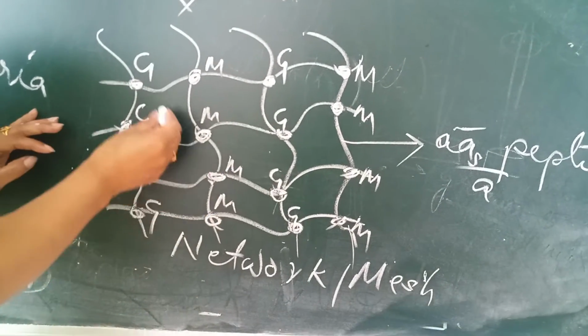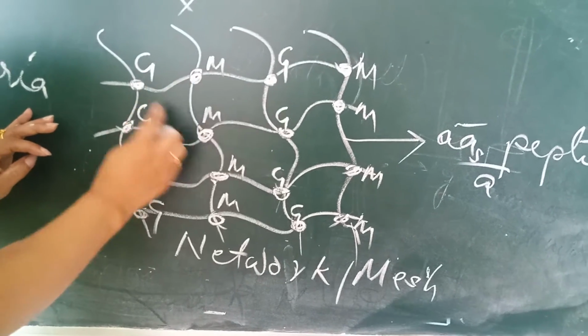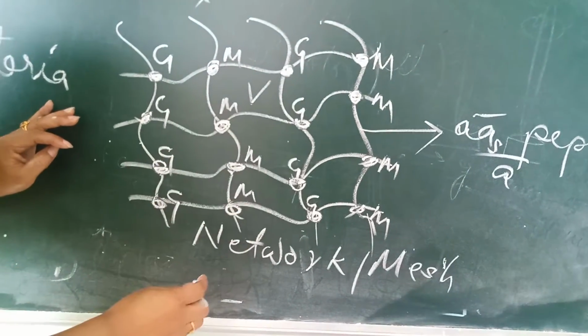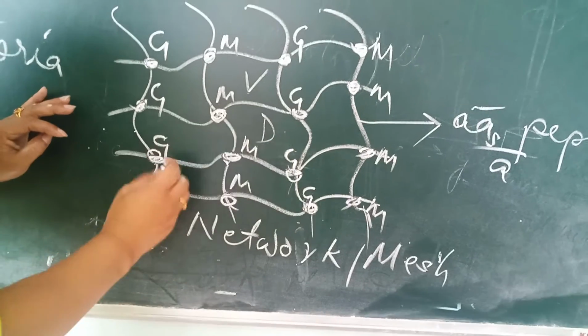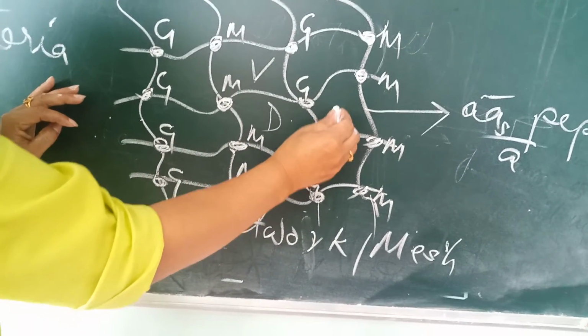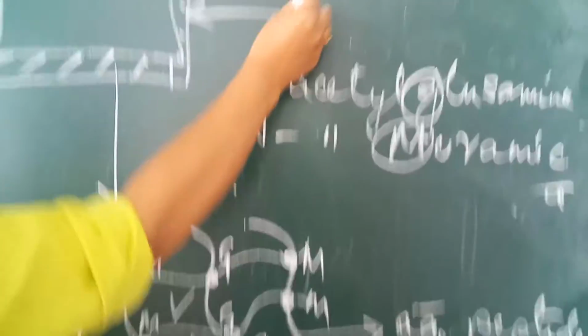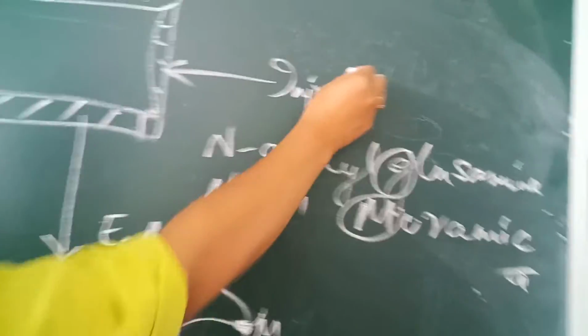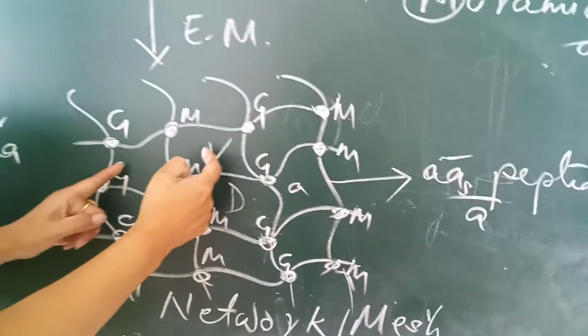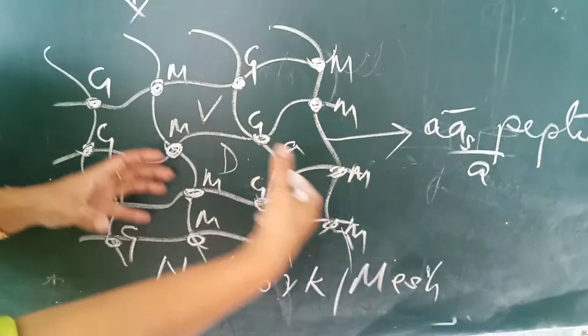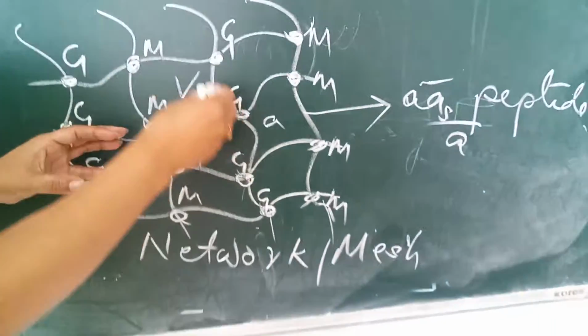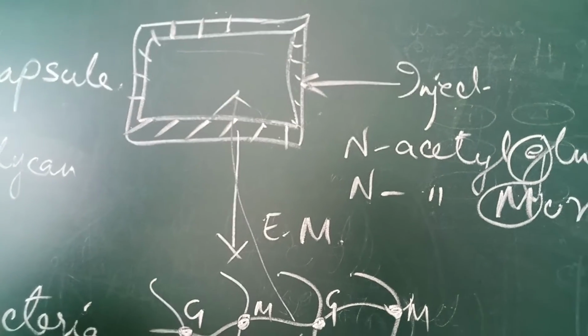Now this cell wall can trap what? It can trap viruses, it can trap detergents, it can even trap antibiotics. So if you inject anything into the bacteria, you are injecting it into this mesh, and it will trap and allow only some substances to pass into the cell wall.